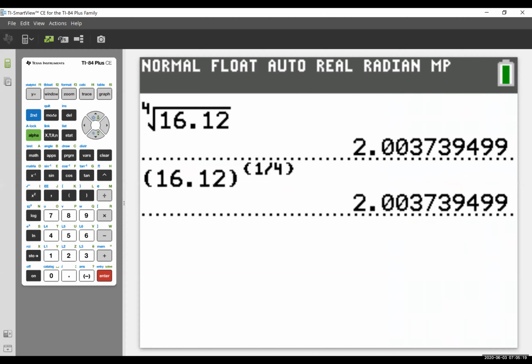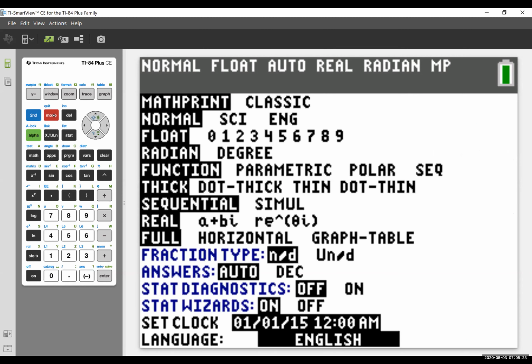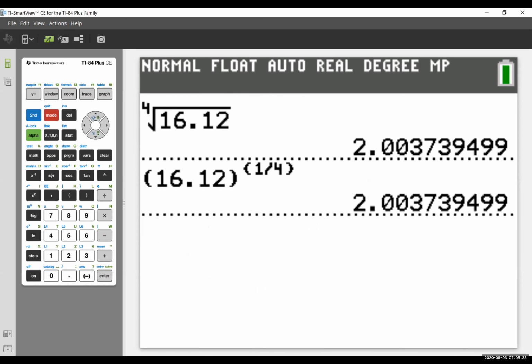I have to figure out where my mode is before I start pressing sines and cosines. Right now my mode was in radians. So I press mode and change it to degrees so I can see what's going on. Now I can go back to my home screen and I have the sine of 1. Not 11, the sine of 1. Let's see what we get.